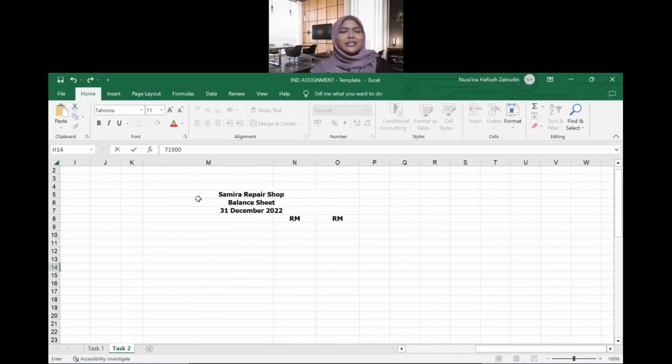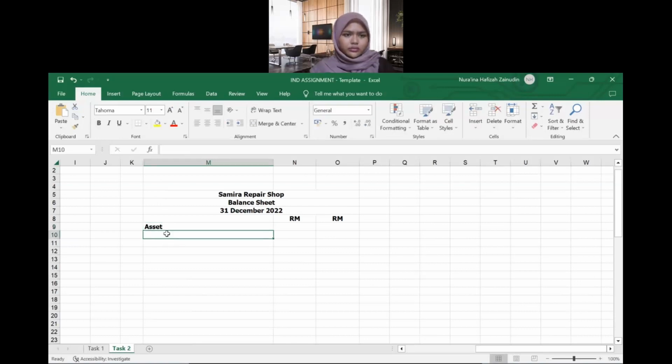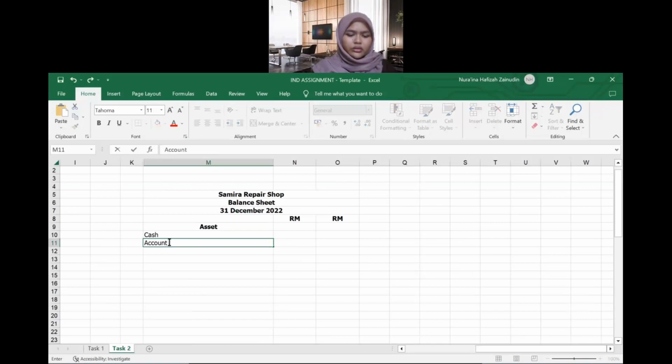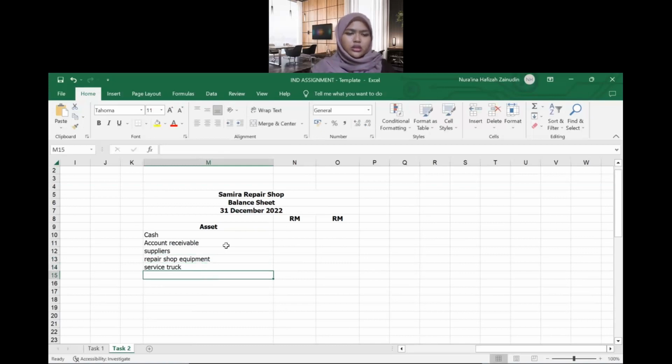Okay, the last one is the balance sheet. In the balance sheet, we have the asset. In asset, we have cash, account receivable, supplies, repair shop equipment, service equipment, and service truck. This is the total asset.